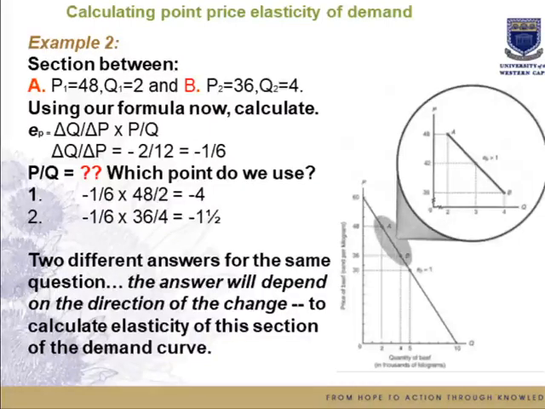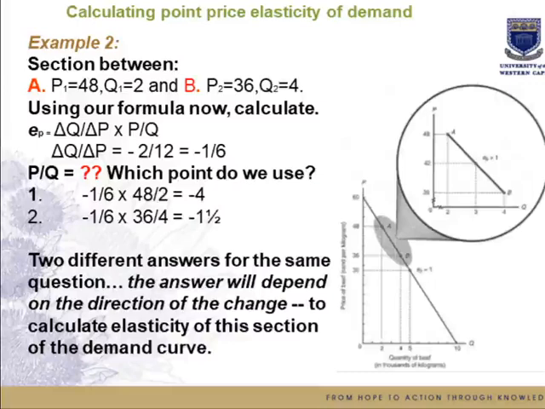If we use the first point, we will obtain a price elasticity of -4. Whilst if we use the second point, we will obtain a coefficient of -1.5. These coefficients obtained from the 2 points along the same demand curve are different.